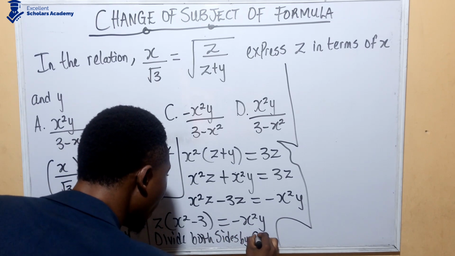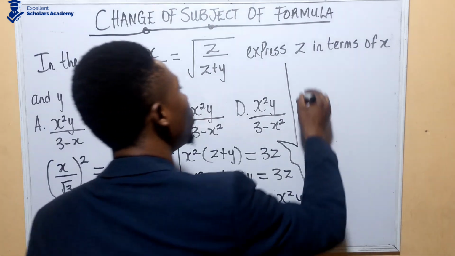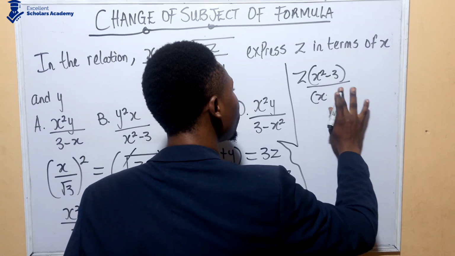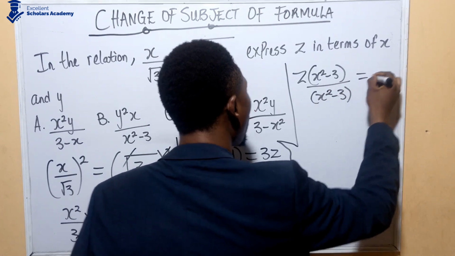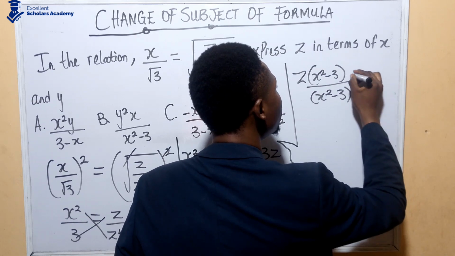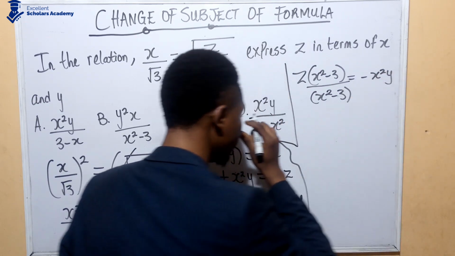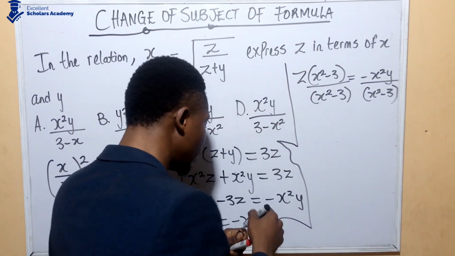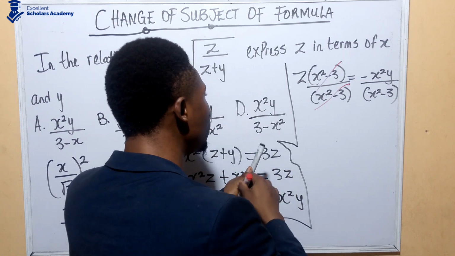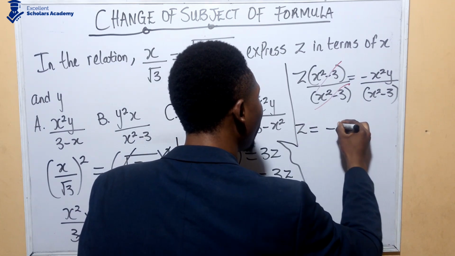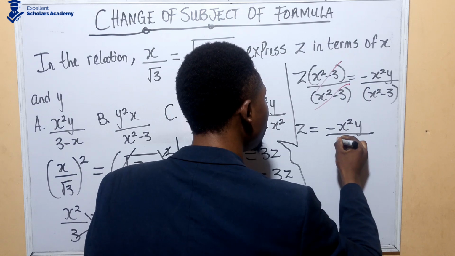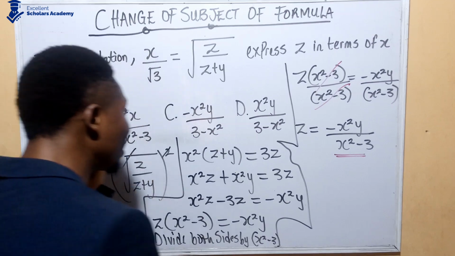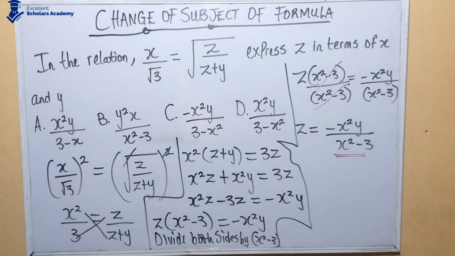So that becomes z into x squared minus 3 over x squared minus 3 is equal to minus x squared y over x squared minus 3. This takes this away, so you have z alone to be equal to minus x squared y over x squared minus 3. So this is going to be our answer for making z the subject of formula. So which of these options has this?